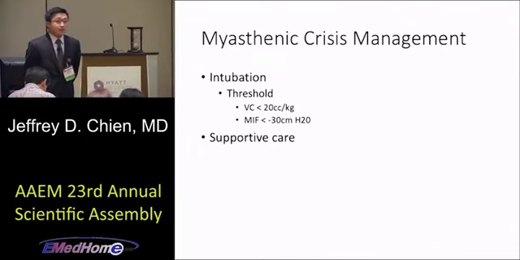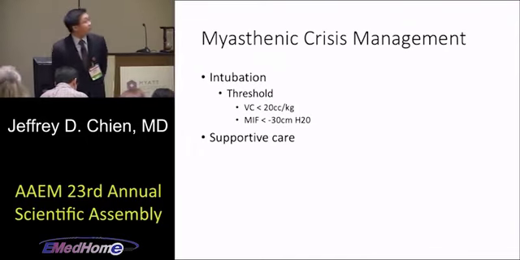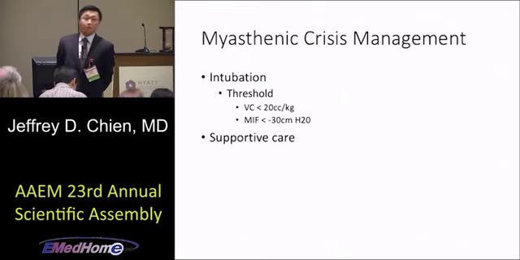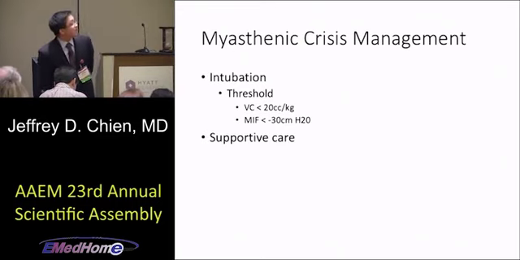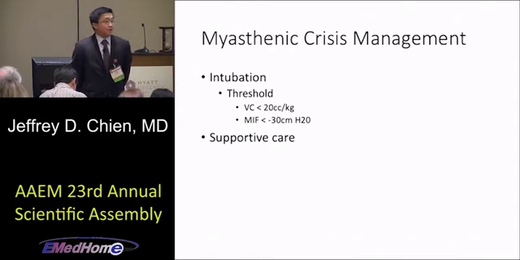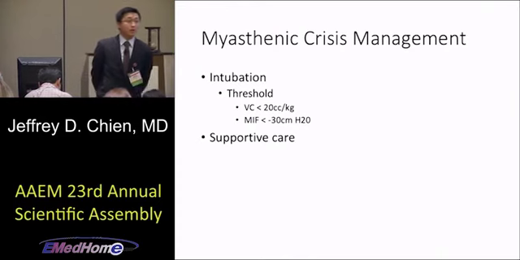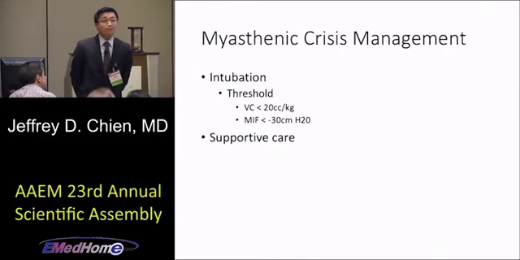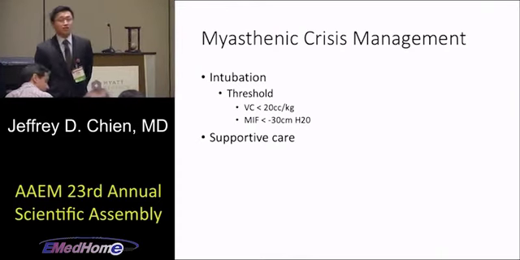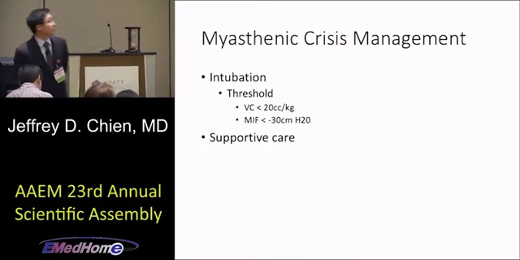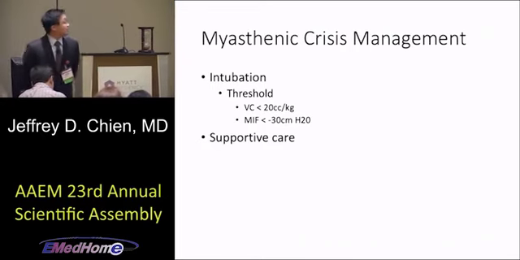I was taught early in residency, and I think everyone here was too, never intubate somebody based on a number, except in this case. If they're unable to mount a vital capacity of 20 cc's per kg, or if they can't get a MIF up to negative 30 centimeters of water, have a very, very low threshold to just take that airway for impending respiratory failure as part of their supportive care.